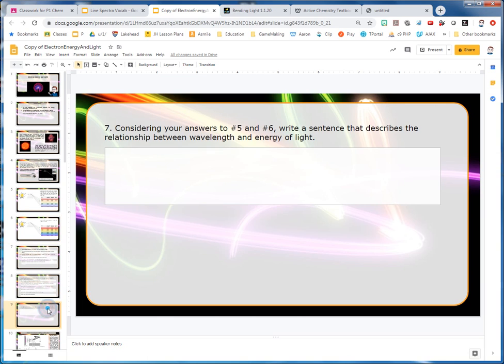Do you remember what we call that when there's a relationship between two things and one gets smaller as the other gets bigger, or one gets bigger as the other one gets smaller? So basically they're going in opposite directions. So instead of going with each other, they're going opposite of each other. Do you remember what kind of relationship that is?